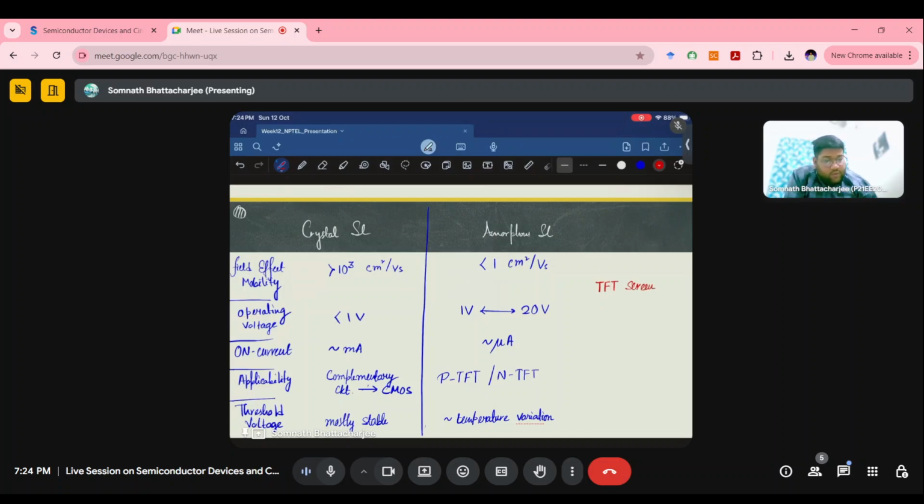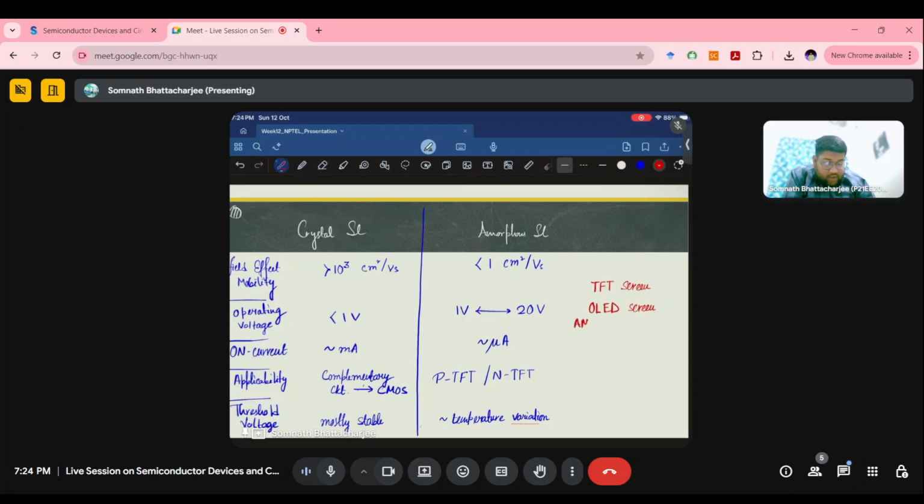Nowadays, everyone knows that we use the OLED screen in our smartwatches, smartphones, TVs, and everything. Everywhere there is an OLED screen, and recently everybody knows that the AMOLED screen has been used for the past, let's say, 5 to 10 years or so. So this OLED means organic light emitting diodes.